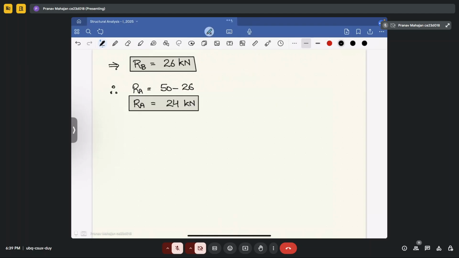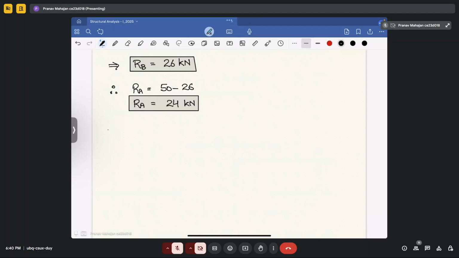Okay. Now we will determine at what point this bending moment is coming out to be maximum. Okay.